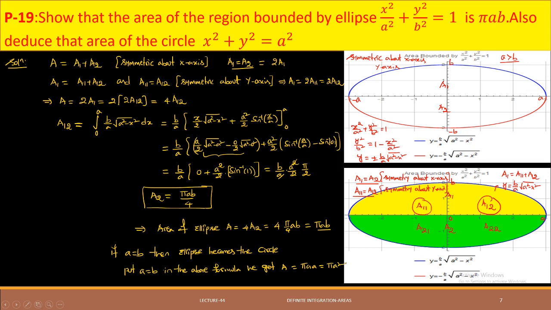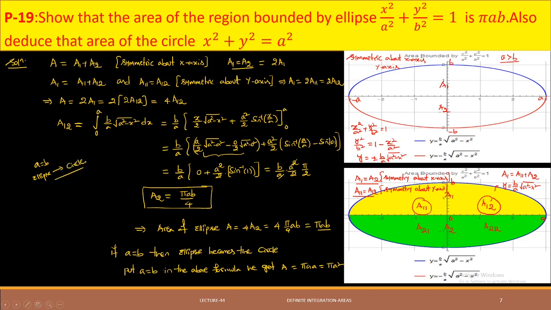See, a circle is a particular form of an ellipse. Actually, ellipse is the more generalized form. The major axis length is from minus a to a, and this is called the minor axis. So when these two are equal, then that becomes a circle. So the ellipse becomes a circle. This is a particular type of the ellipse.